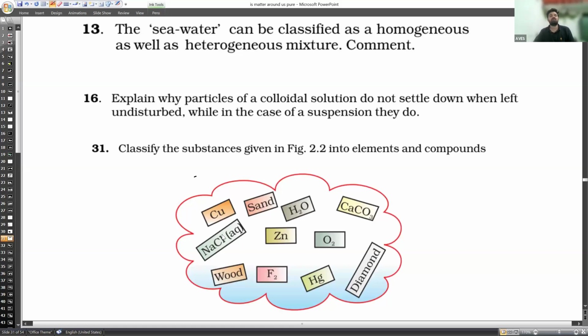There is a question that sea water can be classified as homogeneous as well as heterogeneous. If it is pure sea water having only salt and water, then it is a homogeneous mixture. But if it has impurities like sand or other substances, it will be considered heterogeneous. So please note down this question. Then I'm going to answer these questions. Sir, all three questions?